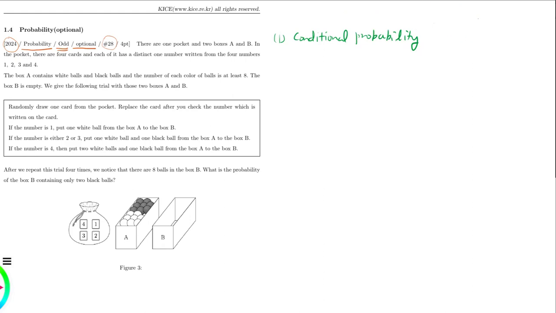When we try to figure out probability and we know some information, for instance, a certain event happened, let's say Q has happened.